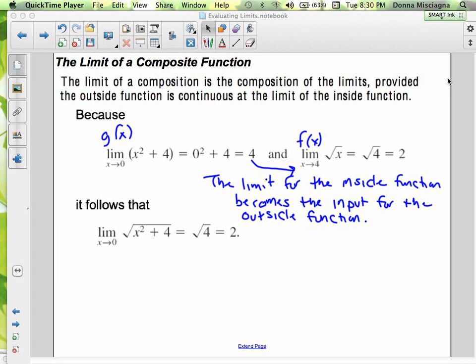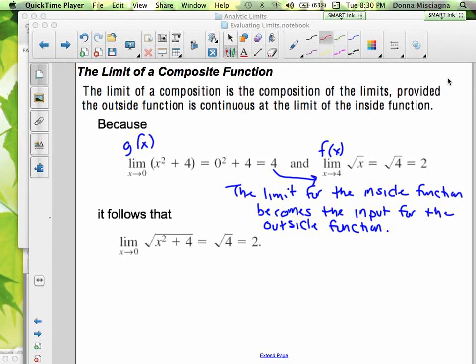So here at the bottom, the limit of g of x as x approaches 0 is 4, and the limit of f of x as x approaches 4 is 2.